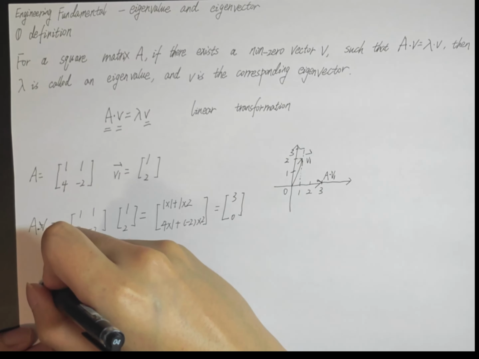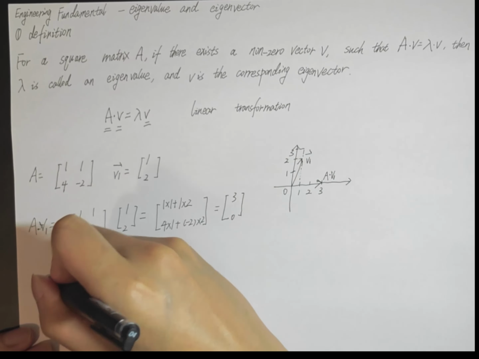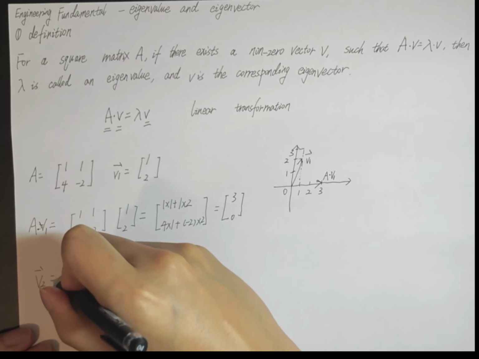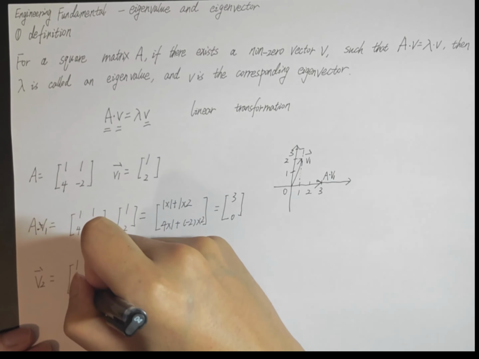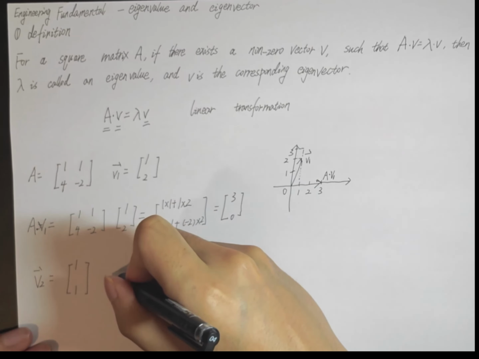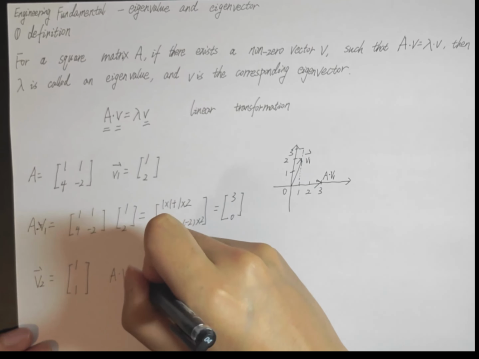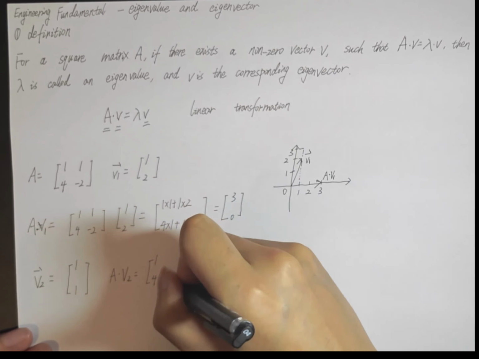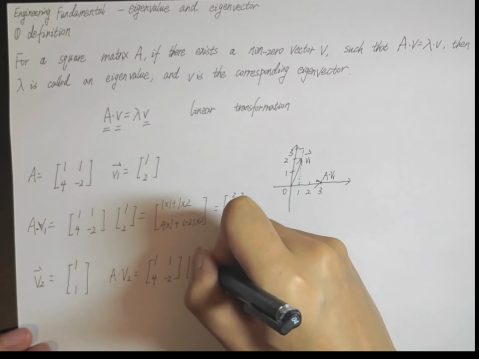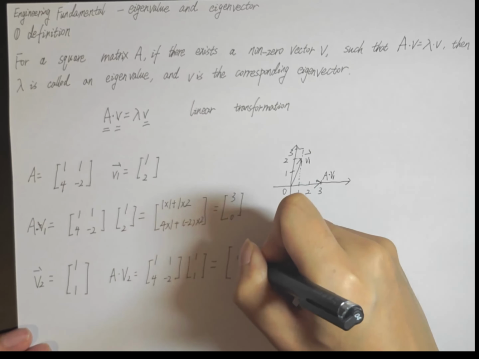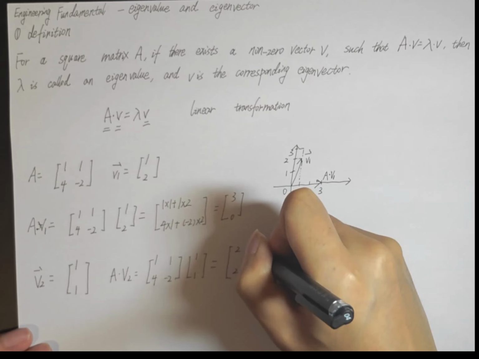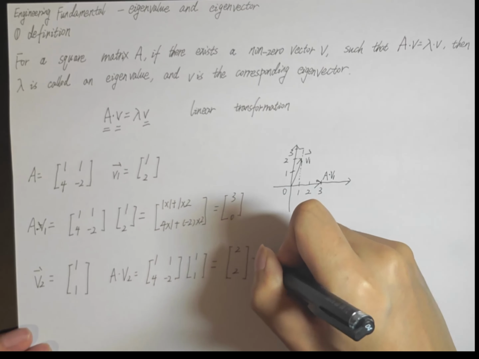Now, I will give you a second example, a 2 by 1 vector V2, which is [1, 1]. Then let's do the same thing. Multiply the matrix A by vector V2, and then we get a new vector, which is [2, 2].